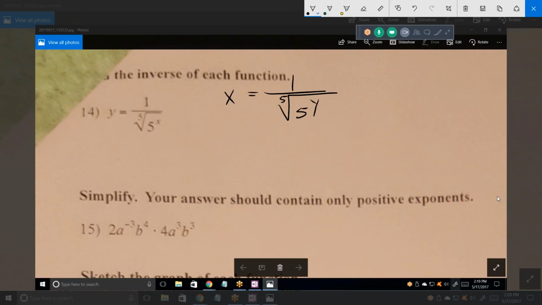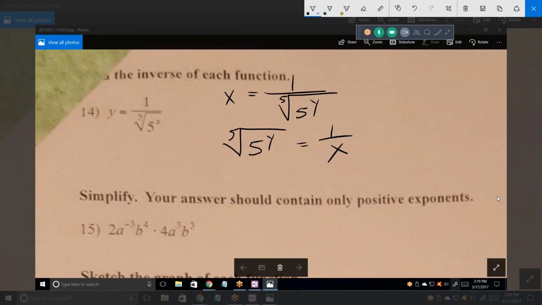So the first thing you'd have to do is put it to the 5th power to get it away from the 5th root. Hold on. Let's first of all get y in the numerator. And I'm going to do that by doing this.